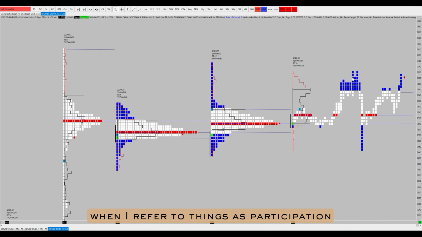When I refer to participation, I mean that we actually had volume transacted at that level to confirm it. Sometimes throughout this course you'll have presence, but you won't have participation. You might have a very thin volume profile, but a relatively thick TPO or market profile.